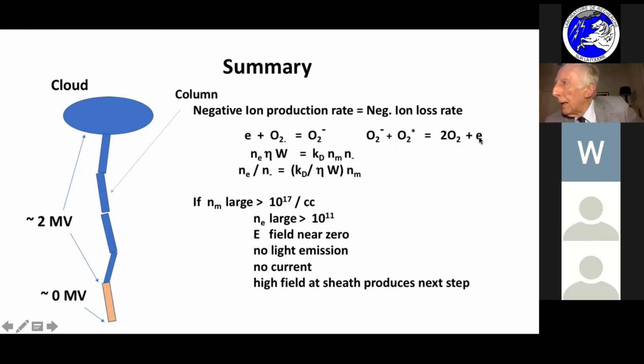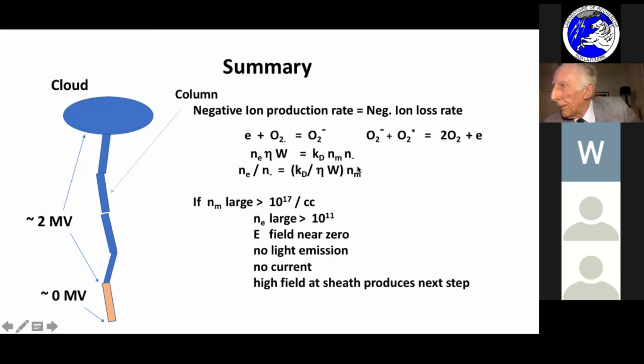And as a consequence, you get a steady state. We just equate the attachment rate, electron density times attachment coefficient, to the detachment rate of negative ions by metastables. And you equate those two rates.